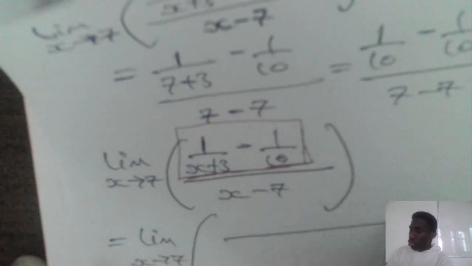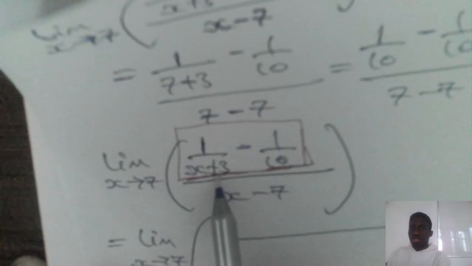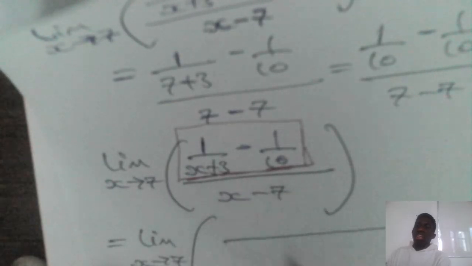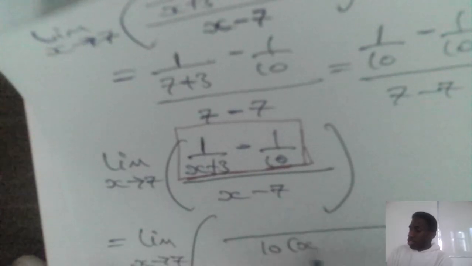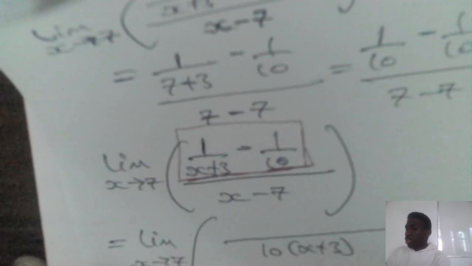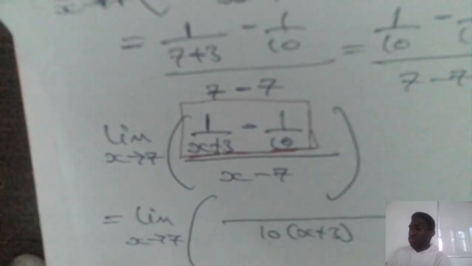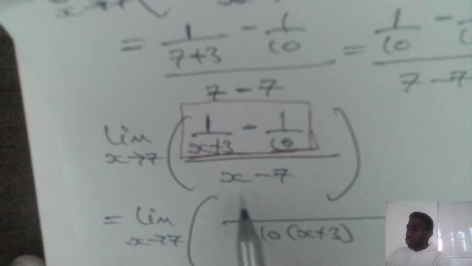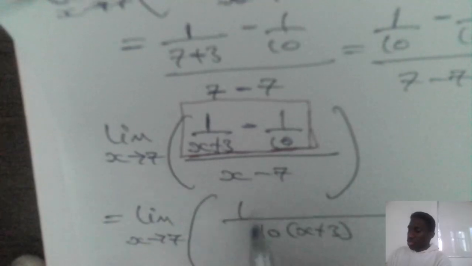Now for the numerator, we find the LCM of the denominators of these two fractions. The LCM is very easy. Just multiply the two of them together. So that's 10 multiplied by x plus 3. That's your LCM. Then to get what's on the top, we just do this divided by x plus 3. Of course, it's going to be 10.